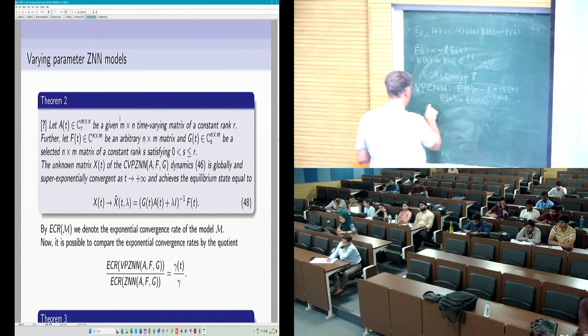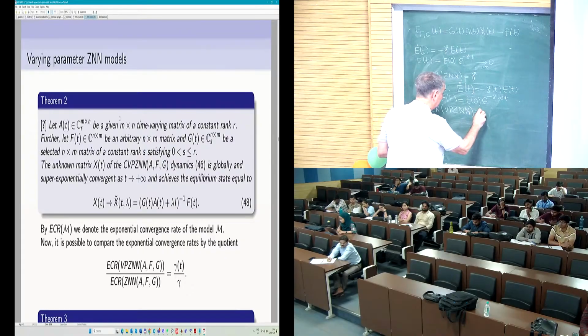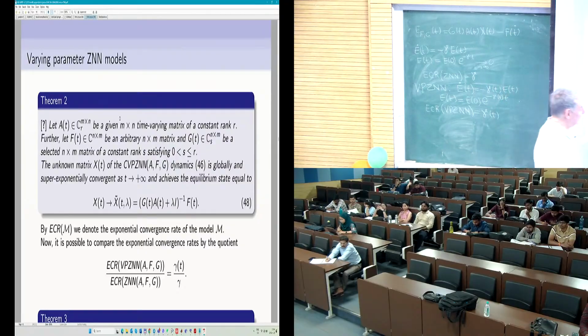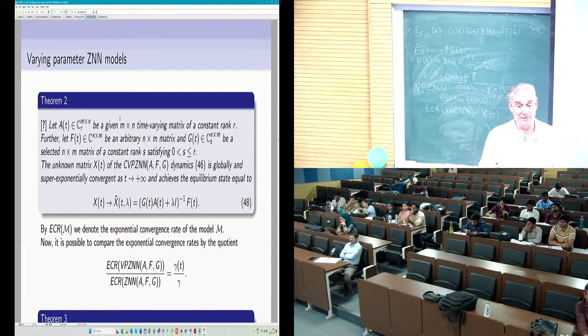It means that the exponential convergence rate of VP ZNN is equal to gamma of t. And here in this theorem, we compared exponential convergence rates of VP ZNN and ZNN, and it is always possible that it is greater than gamma, which increases during time.